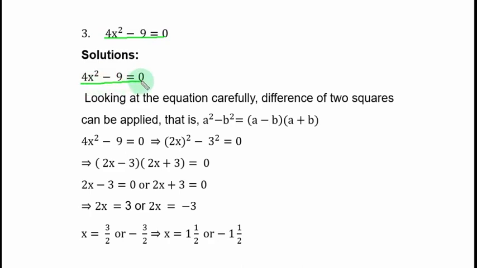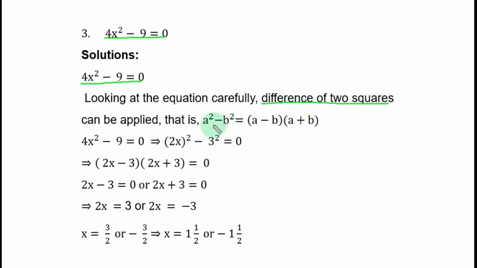Now the equation is quadratic, but the terms are not three terms. So actually we cannot apply the usual method of factorization, although we can factorize, but we have to see this as difference of two squares.